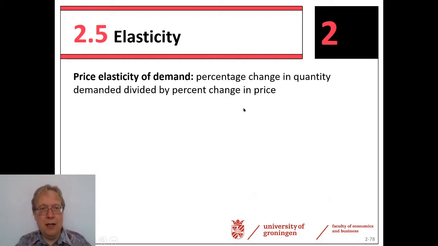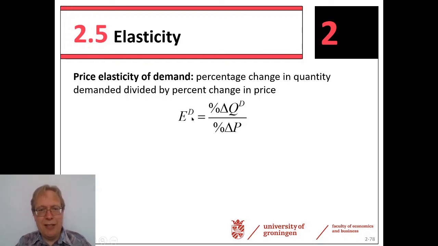So the price elasticity of demand will be the percentage change in quantity demanded divided by the percentage change in price. And again, you may have seen it in high school, but maybe you didn't, and it's useful to review it anyway.